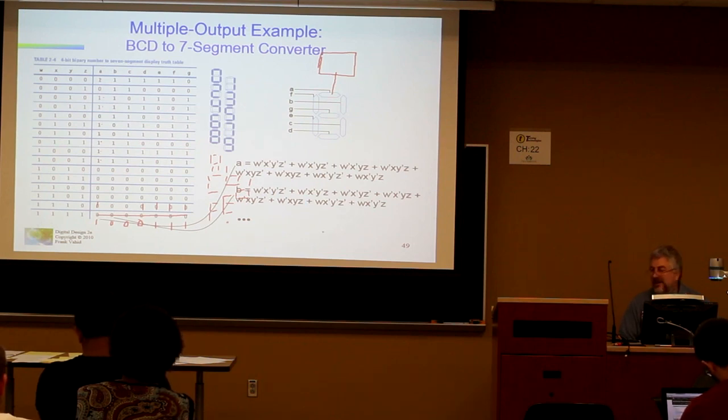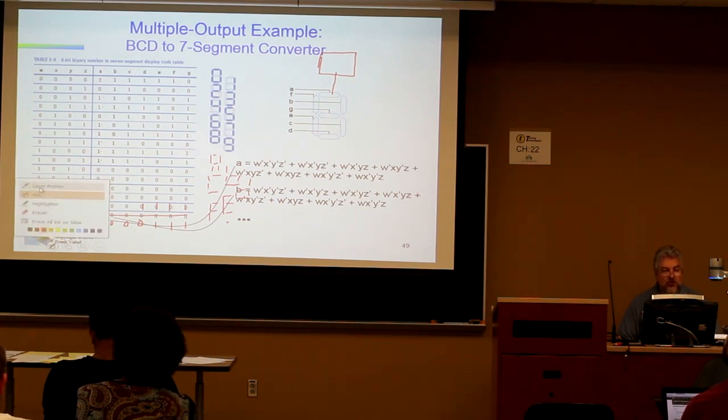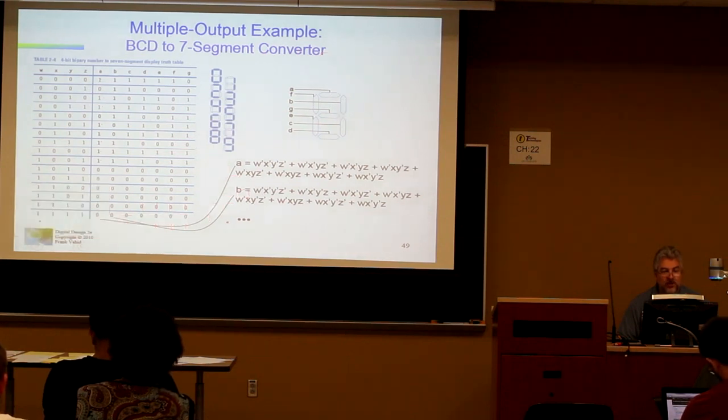Is there a way to simplify it? What do you think? What's the way to simplify this? A K-map. That's the easy way. So here's what I want you to do. I'll erase all ink on the slide.